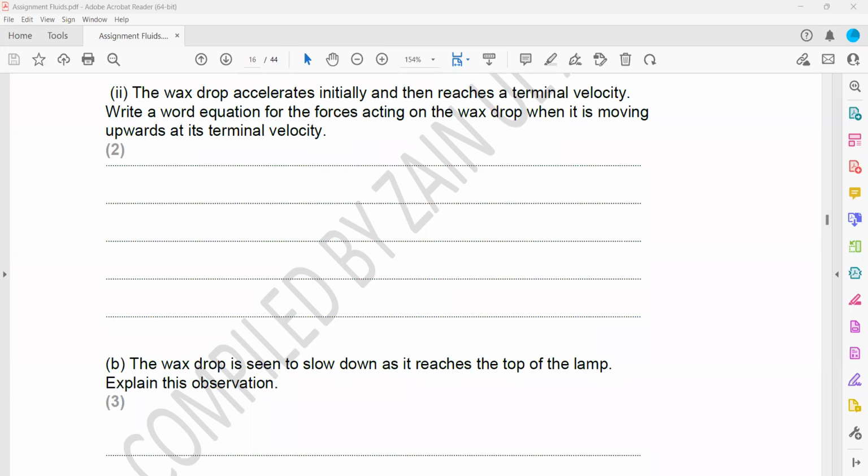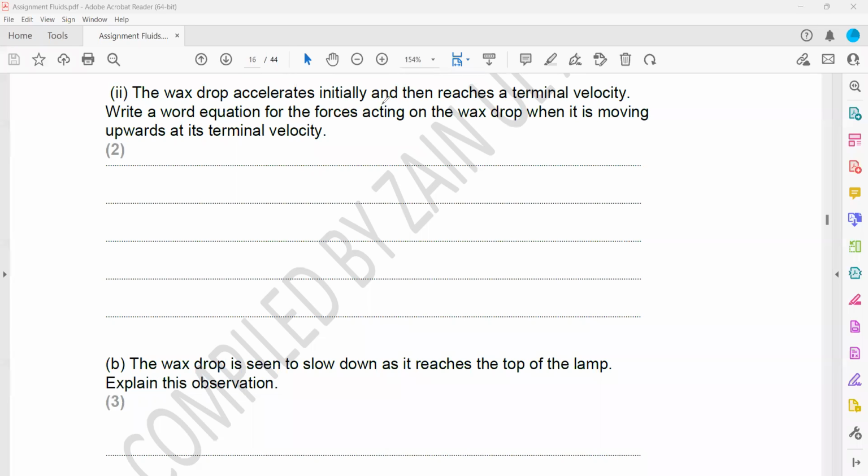Or you can also compare: upthrust equals density of the liquid times volume of the object times gravity. The increase in volume is much more than the decrease in the density of the fluid. That's why the overall upthrust is increasing. So the wax drop accelerates initially and then reaches a terminal velocity.